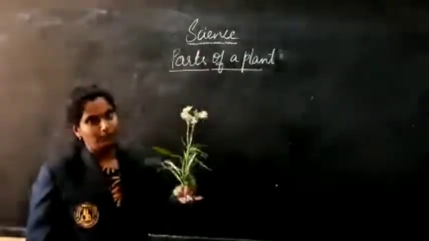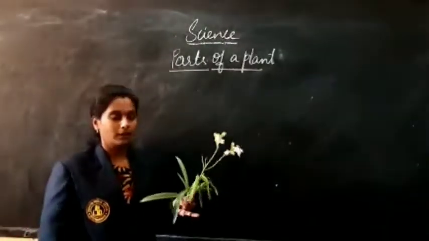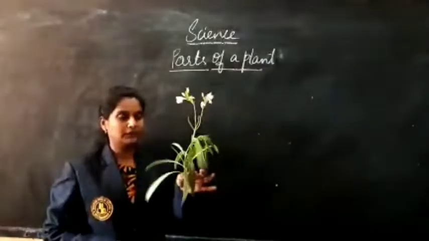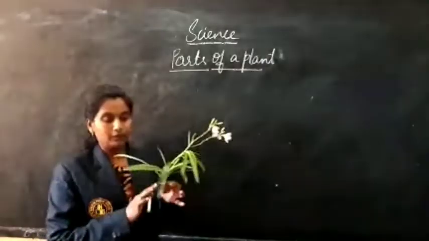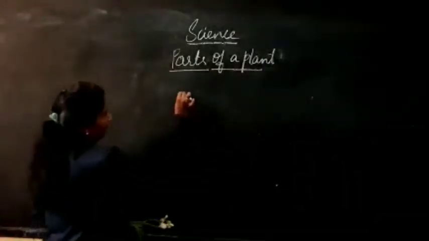This is a plant. You can see a plant here, right? But this is just a branch of a plant, and we don't have roots. Generally, we have a plant in this way.